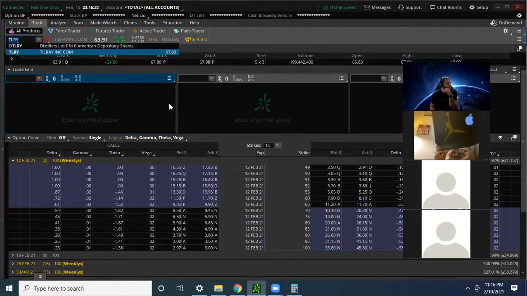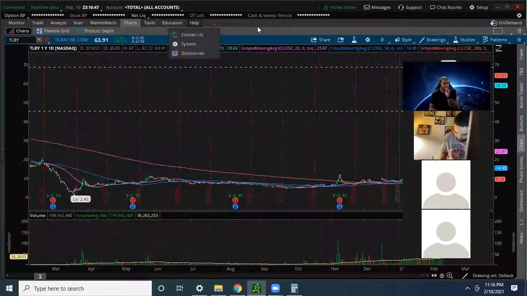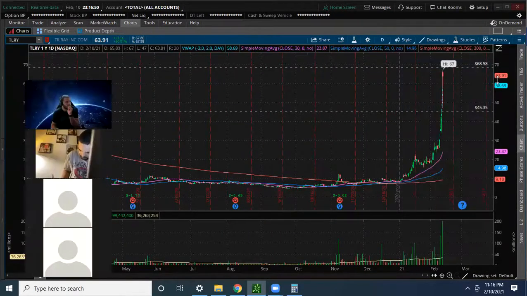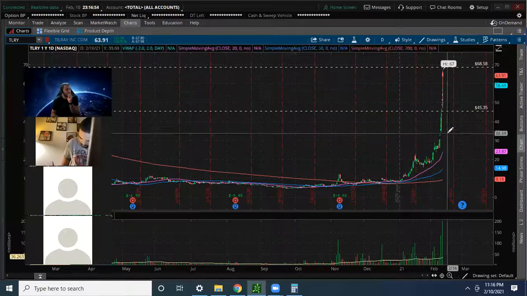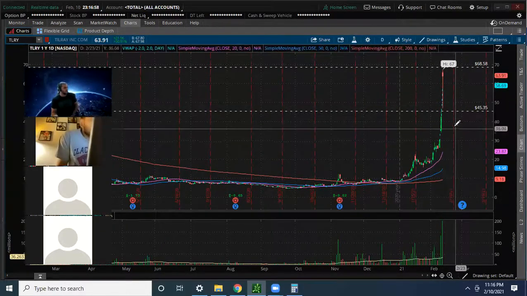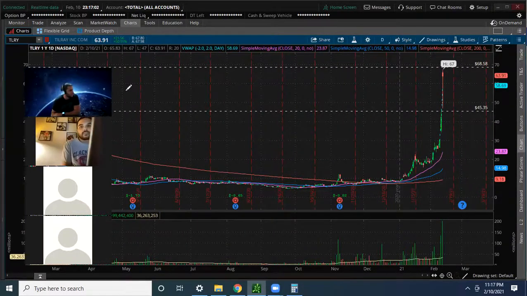Swing trading means you're in the trade for more than one day, and a day trade is buying and selling the same day. It could take hours or whatever. So I was only expecting to scalp it. Now with all the momentum, I'm still in the play. But for Tilray, I'm looking to sell tomorrow at open because it's super overextended from the 20 on the daily.